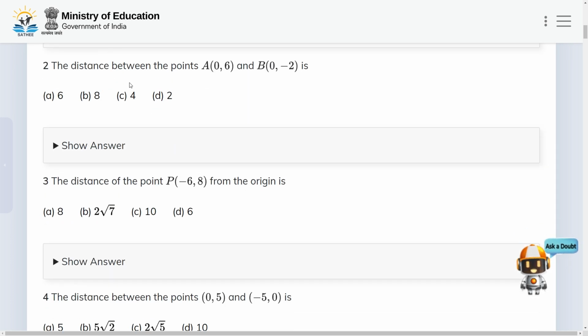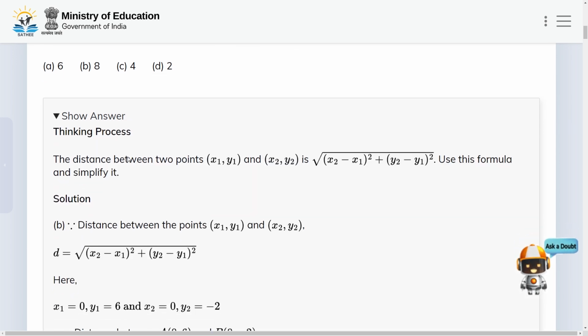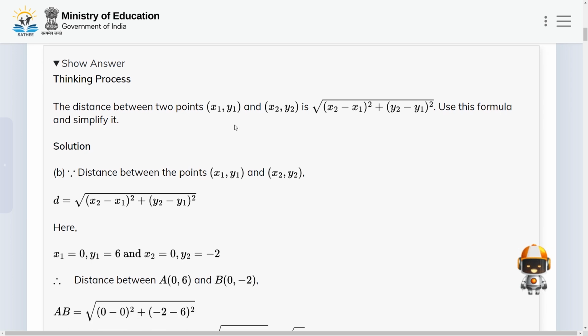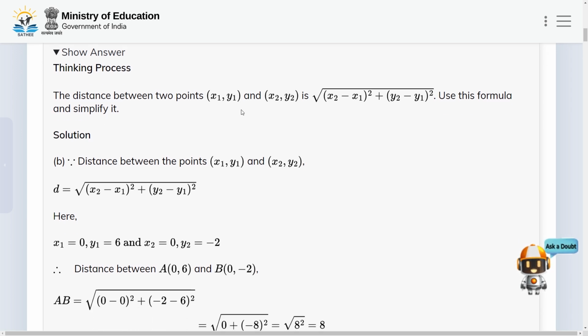Here we have to find the distance between the points A(0, 6) and B(0, -2). The distance between two points (x1, y1) and (x2, y2) is the square root of (x2 minus x1) whole square plus (y2 minus y1) whole square.